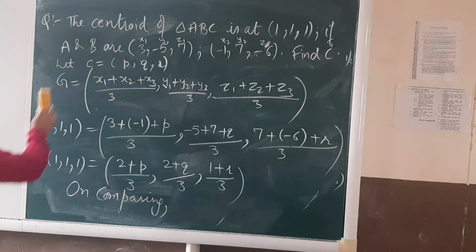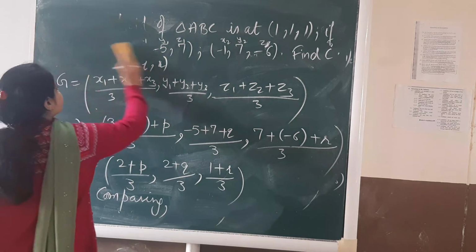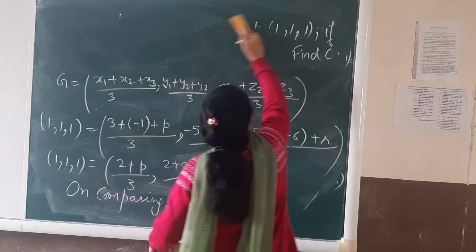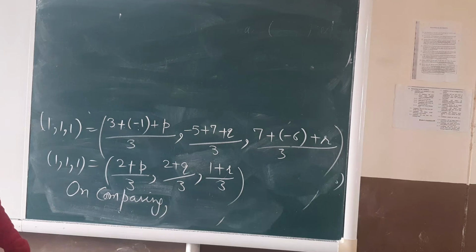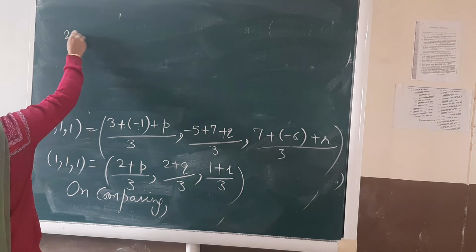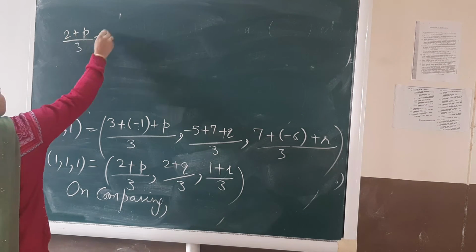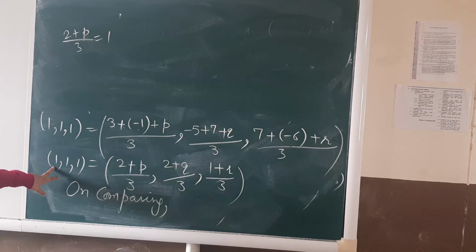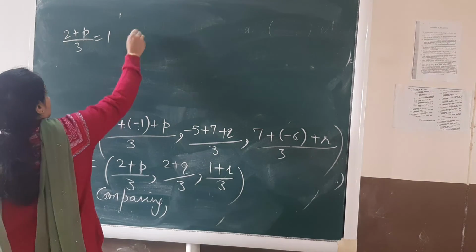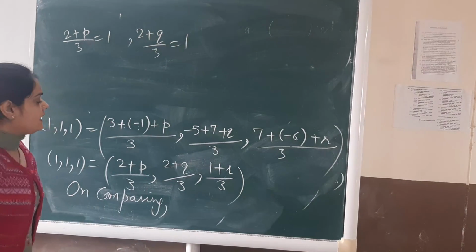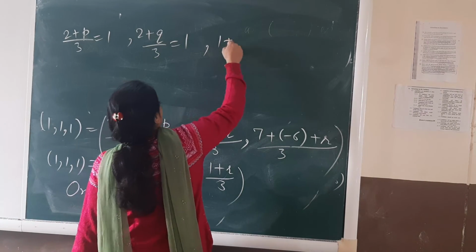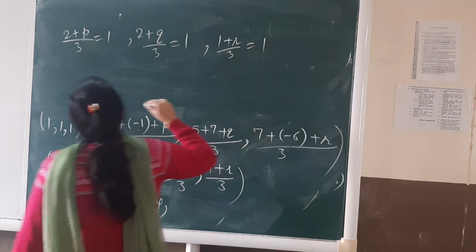On comparing, what will we get? The x coordinate is 1 here, y and z are also 1. So 2 plus q by 3 is 1 and 1 plus r by 3 is equal to 1.